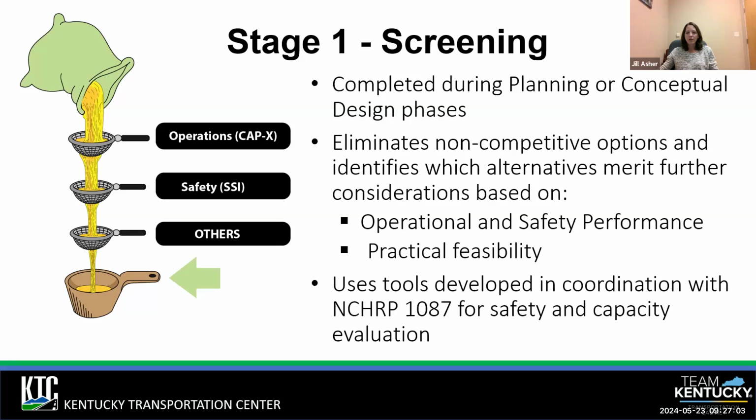CAP-X uses predicted lane volume for analysis, so you don't necessarily have to have a traffic signal number or information for signal timing. It also provides pedestrian and bike accommodation and safety numbers. And the SSI is very easy to use, with very few inputs. They were developed specifically for this high level analysis of looking at alternative intersections and traditional intersections across the board.